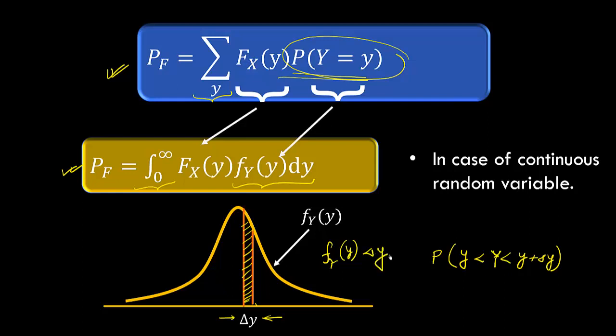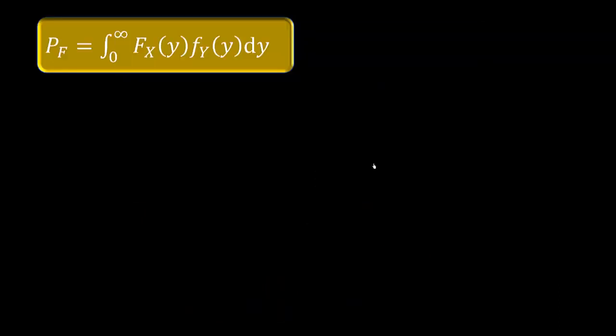And in case of limiting situation, when delta y goes to 0, this delta y becomes basically dy. So I can write my probability py something like this, and summation becomes integration in this case because my variable is a continuous random variable. Basically we can show this expression geometrically also.